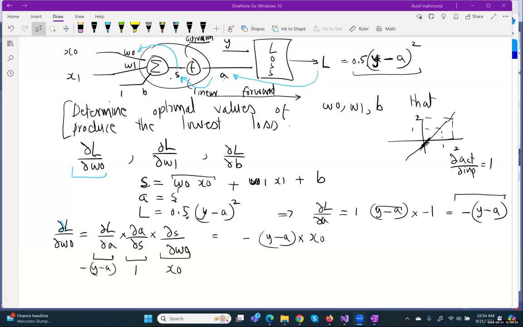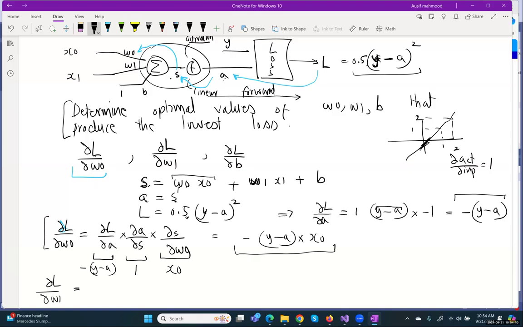So anyway, partial S over partial W0, as you can see, will simply be x0, right? So partial L over partial W0 will simply become this equation over here, right? Okay, very similarly, what if we wanted partial L over partial W1?